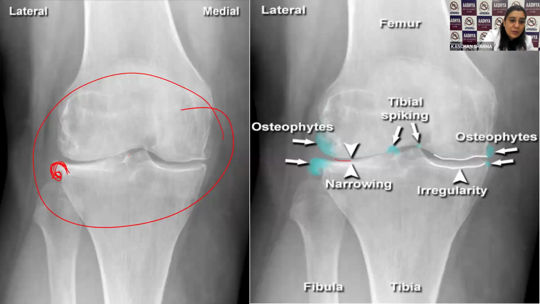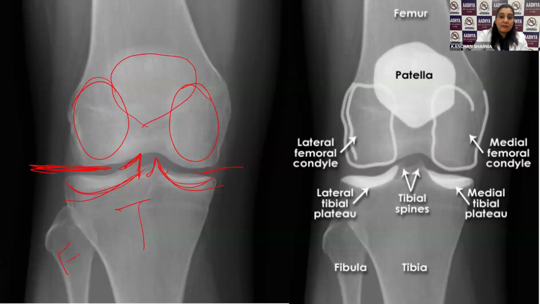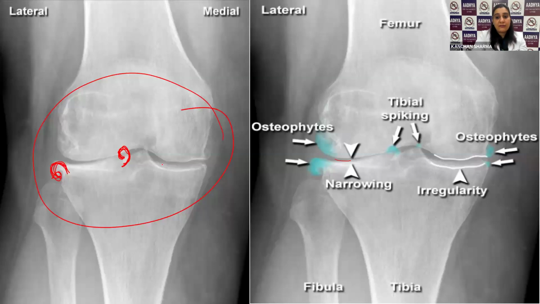And here you are able to see something like this, right? So they are tibial spiking. They are tibial spines like this, but once they become rounded here, they are tibial spiking. You do see the irregularities here. Fine. So these are the features of osteoarthritis, okay, which you see on the X-ray.